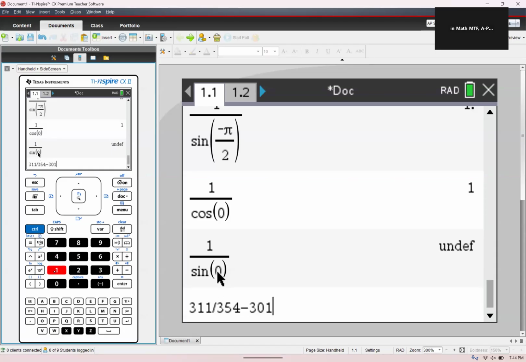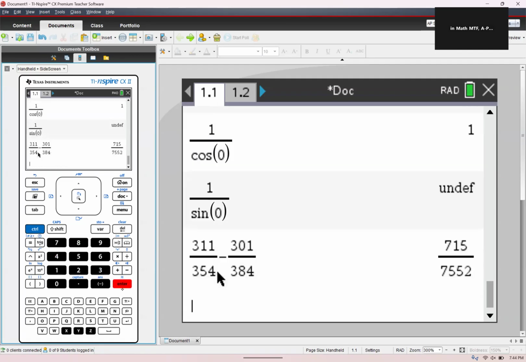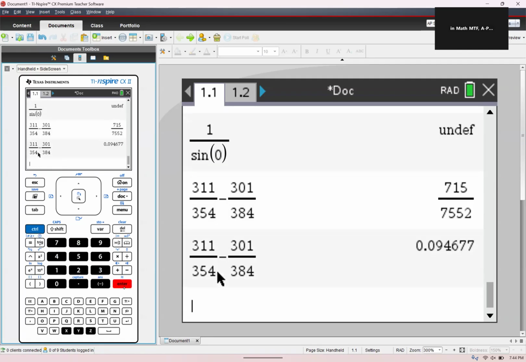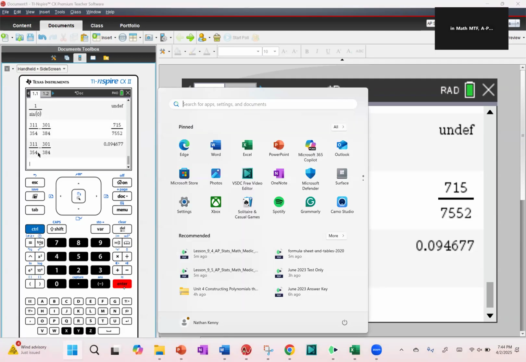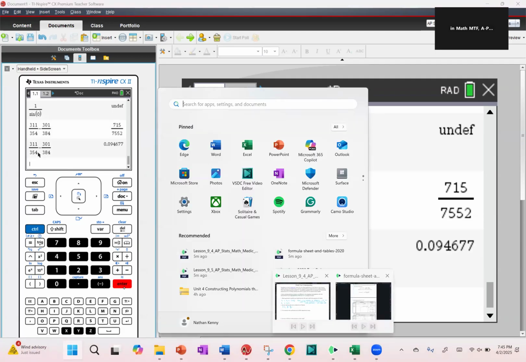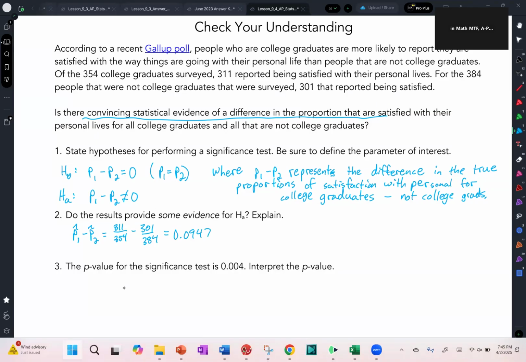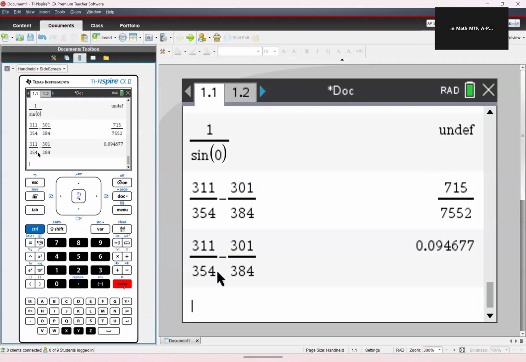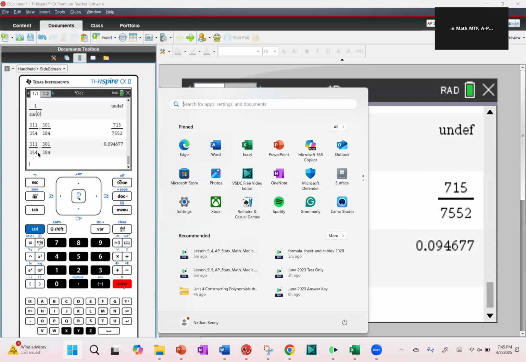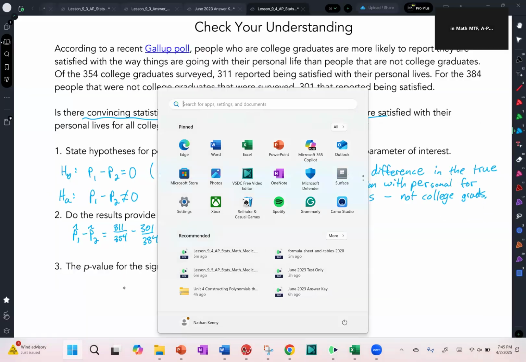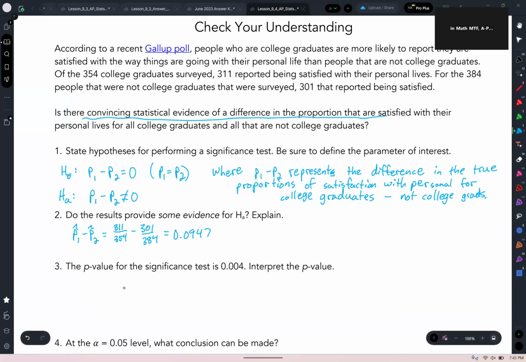Hope I'm remembering this right. Helps when you get a decimal. First off, did I type that in right? Sweet. That is greater than 0.